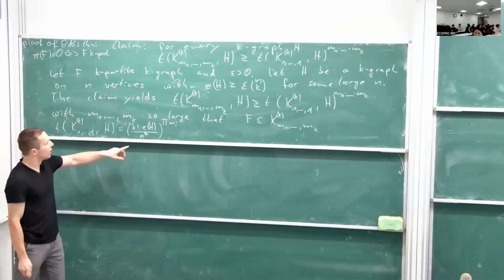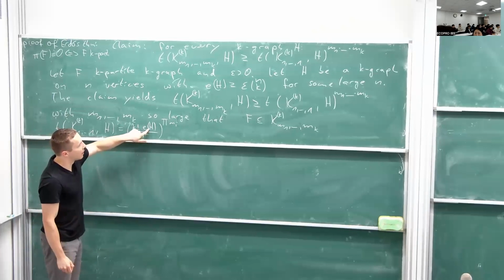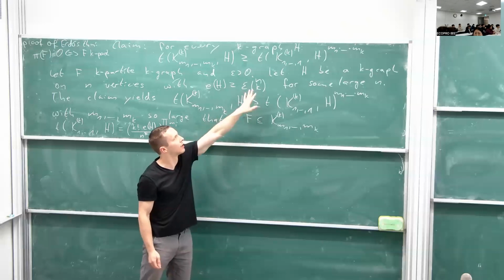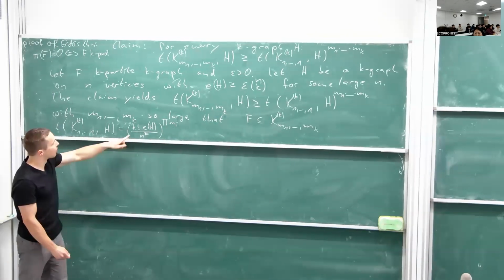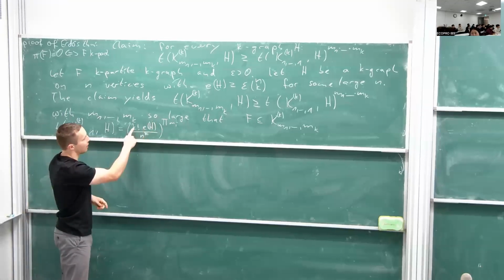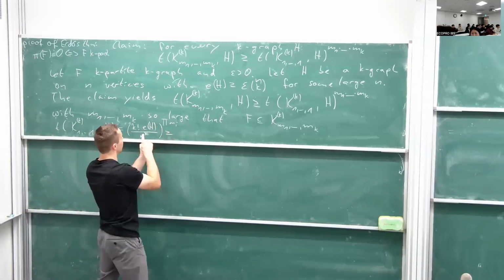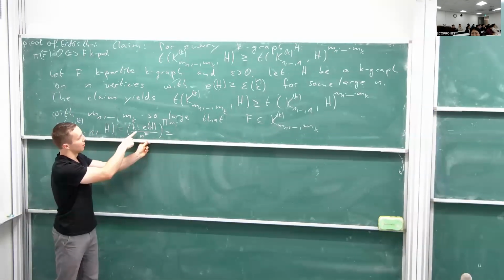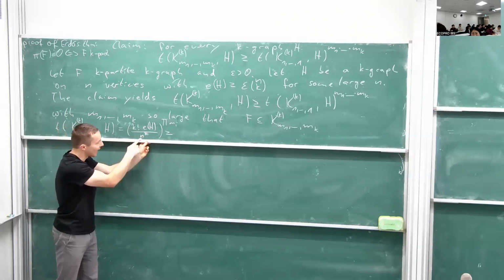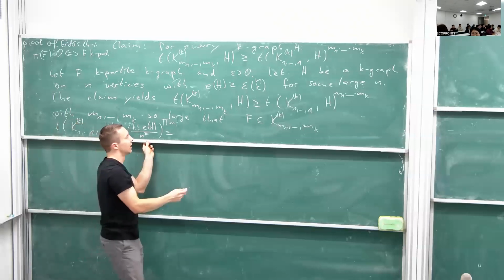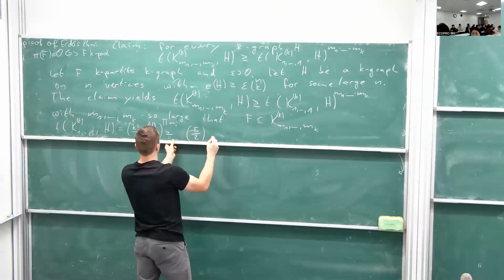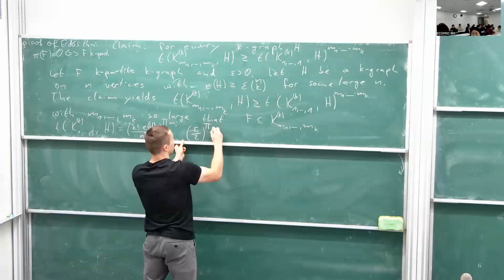Now the number of edges in our H is epsilon times n choose k. So roughly, for n large, when we divide by n to the k divided by k factorial, this is still greater or equal to epsilon half. So this is greater or equal to epsilon half to the product of these mi.